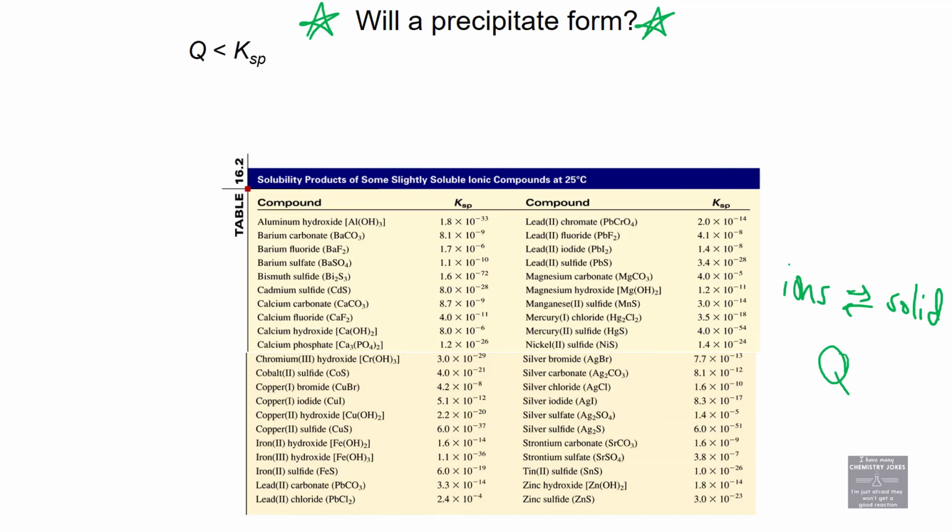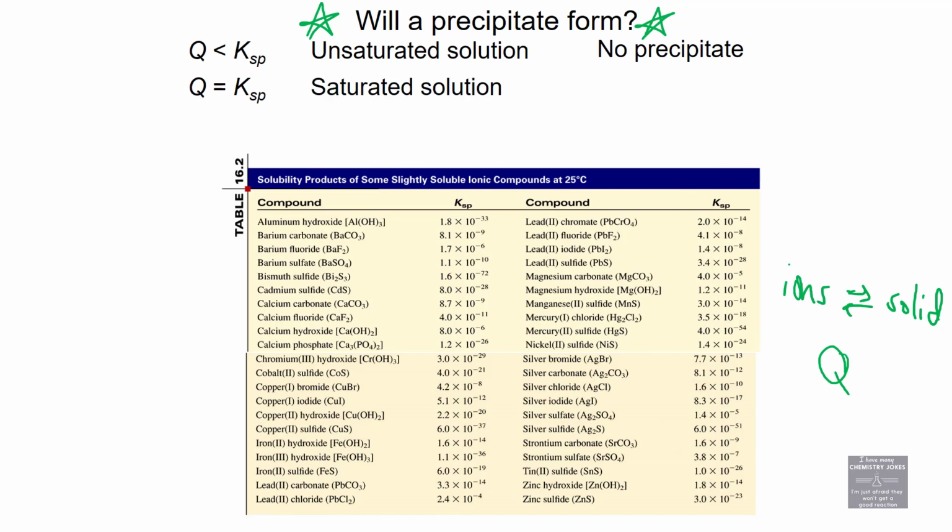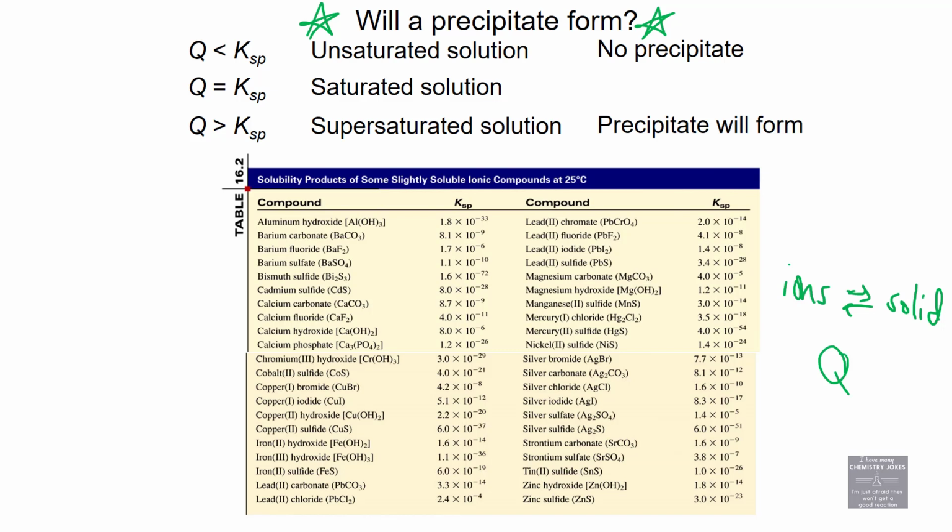If Q is less than Ksp, the solution is said to be unsaturated and a precipitate will not form. If Q is equal to K, you are at equilibrium. It's officially called a saturated solution. It's just about to the point of precipitating. Officially, when Q equals K, there is no precipitate present. It's just on the cusp of about to form a precipitate. If Q is greater than K, it's supersaturated. You are absolutely going to precipitate. That's how the Q stuff relates to the K stuff.